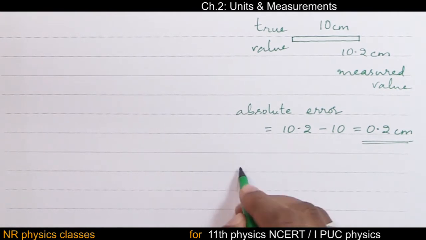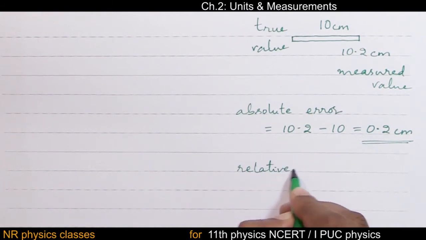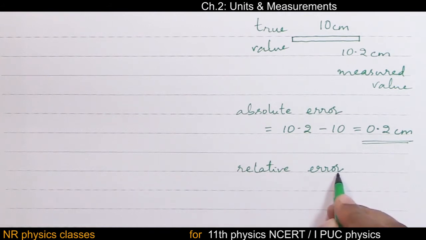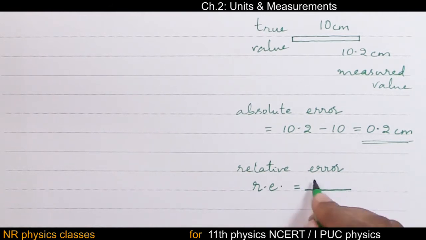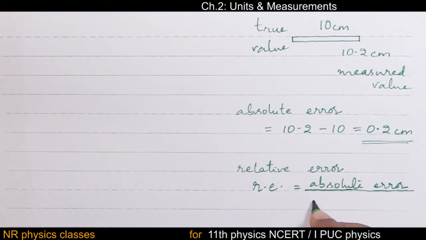Now, relative error. Relative error, let me denote it by RE. So relative error is the ratio of absolute error to the true value.